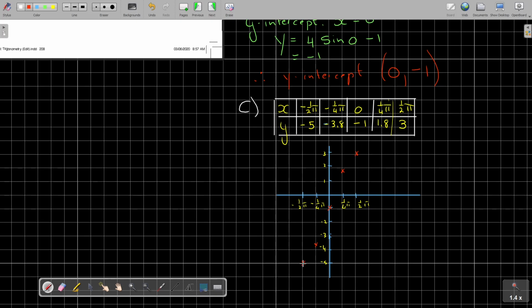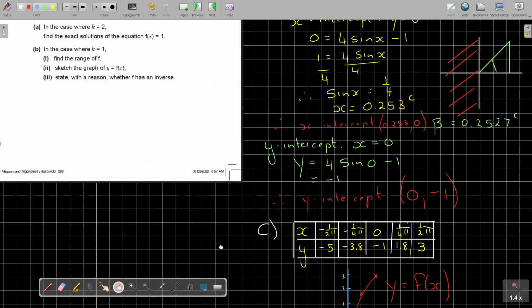And if I do it nicely, it's a curve. And from there on, it will do this. And don't forget to name it. So this is y equals f(x). Okay, there it is. Let's go on.